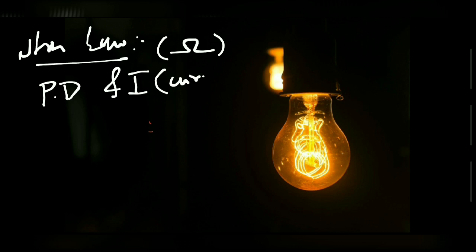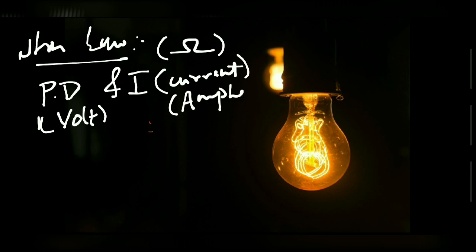So the current is represented by the symbol I, and the SI unit of potential difference is volts, and the SI unit for current is ampere. I hope you all know the SI units, right? Now, volt is represented by V and ampere is represented by A.